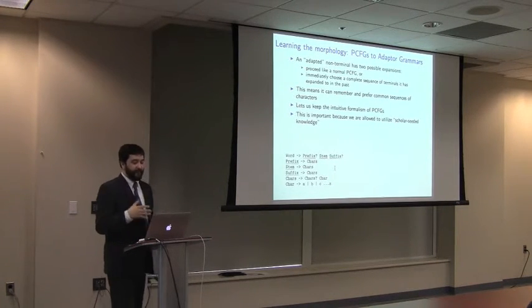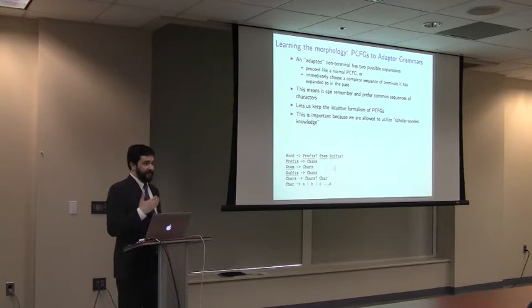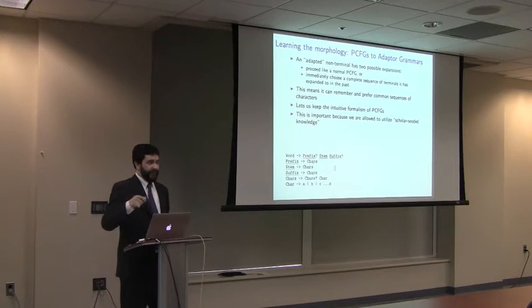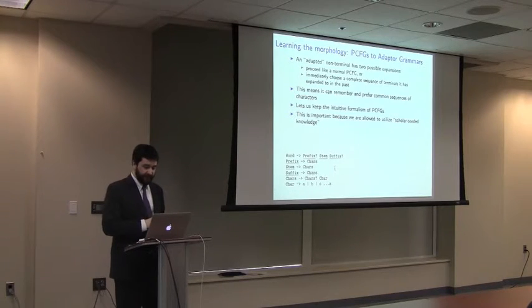So this means that it can remember and prefer common sequences that it's seen in the past without having to also upweight all of the permutations of it. So it can remember that -ing is a good expansion of a suffix without having to also boost -ngi and all the other permutations of the characters.